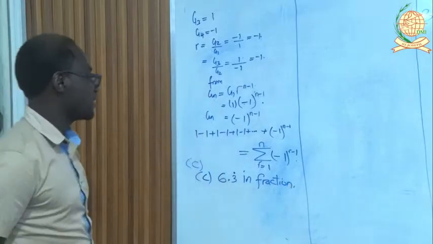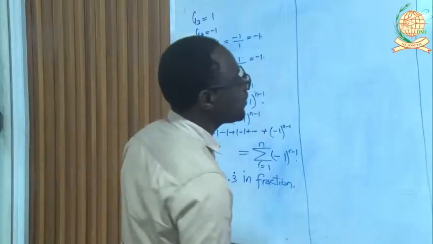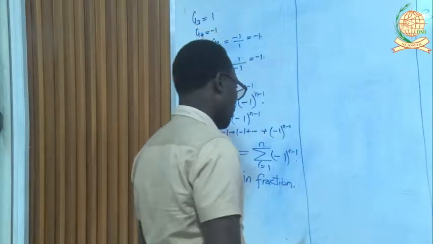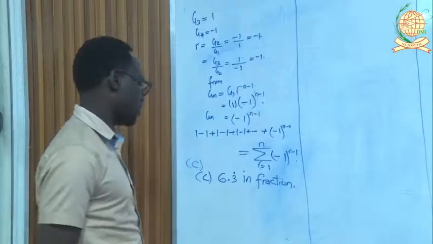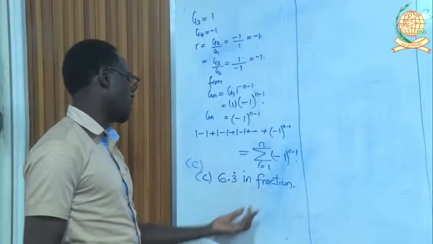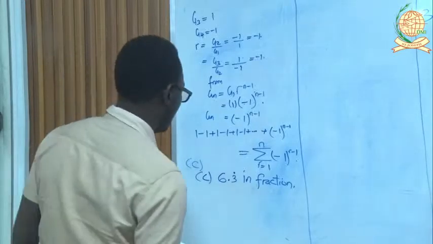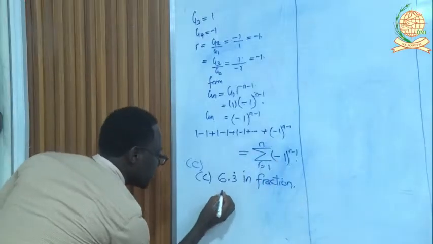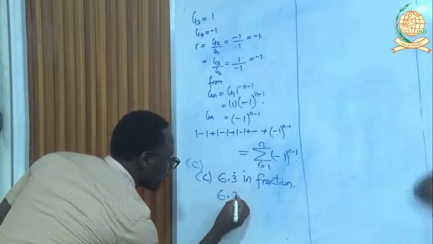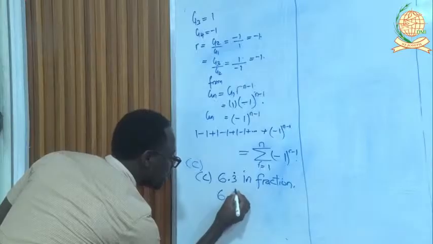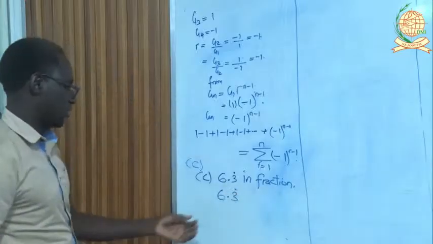This is an application of the concept of geometric progression and arithmetic progression, and we use geometric progression in sum to infinity. 6.3 with this dot means the number 3 is repeating.